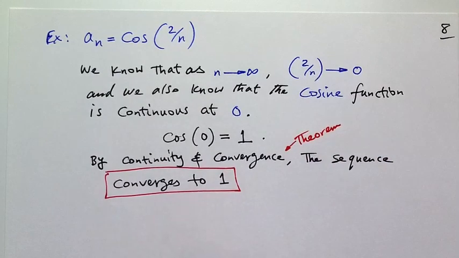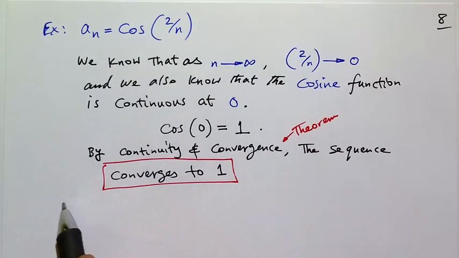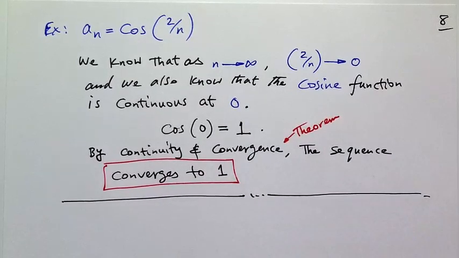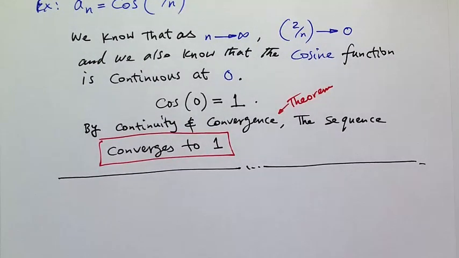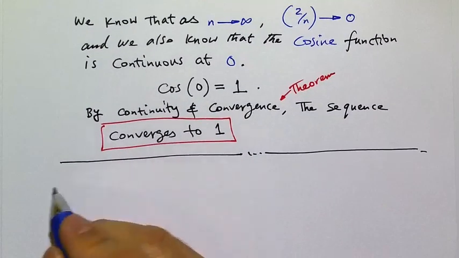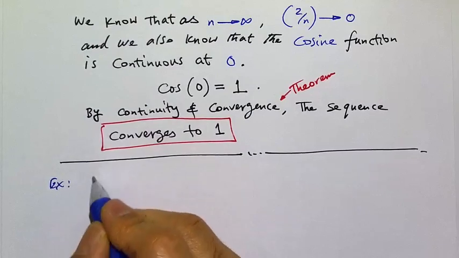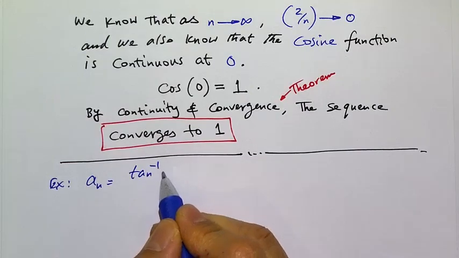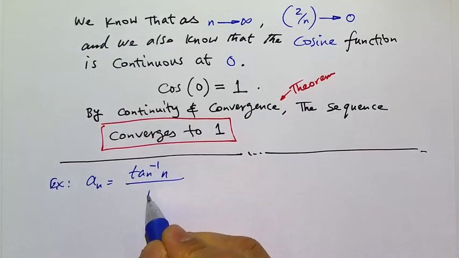Okay, so some of these, as you can see, are very simple and quick to solve. Another example would be this one. If we have a sequence that is the inverse tangent of n divided by n.